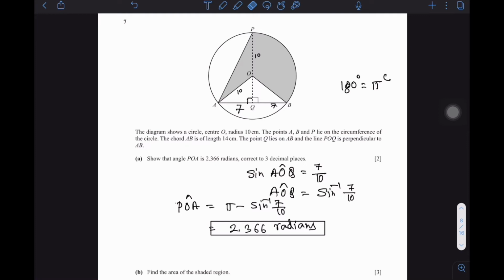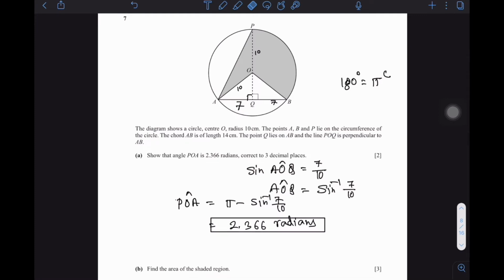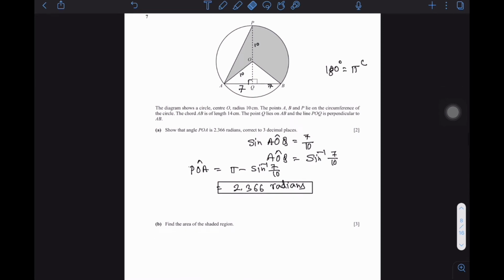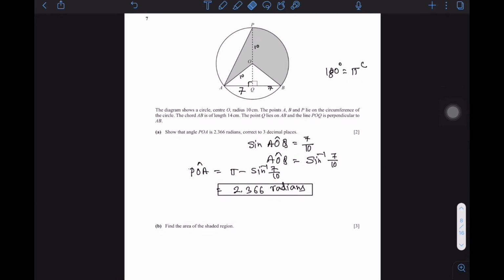Now we need to find out the area of the shaded region. We know this angle. The area of this triangle, we can write, is half AB sin theta.